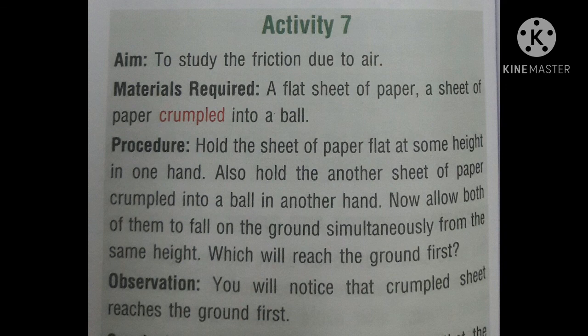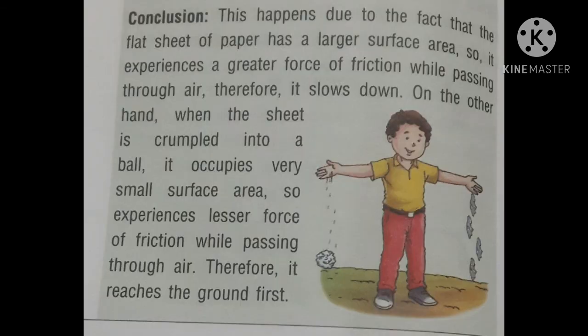Now come to observation. We will notice that the crumpled sheet reaches the ground first. Conclusion: this happens due to the fact that the flat sheet of paper has a larger surface area, so it experiences a greater force of friction while passing through air.